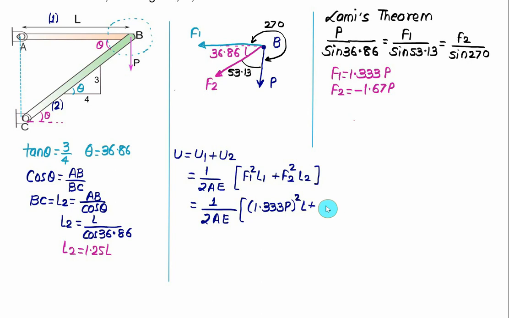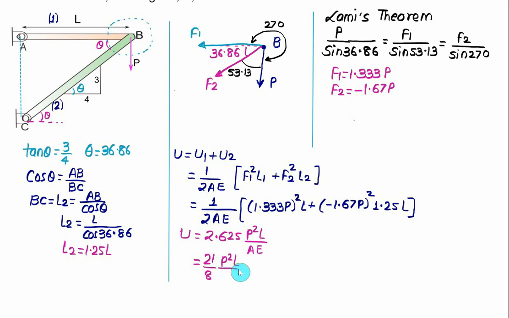This time F2 is minus 1.67 times P, squared, and L2 is equal to 1.25 times L, so we have 1.25 times L. Solve this, you will get this answer close to 2.625 times P square multiplied by L divided by AE. So approximately this answer is very close to 21 divided by 8 times P square multiplied by L divided by area A and Young's modulus E.